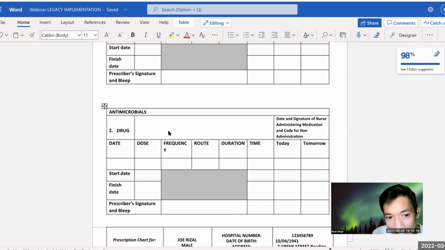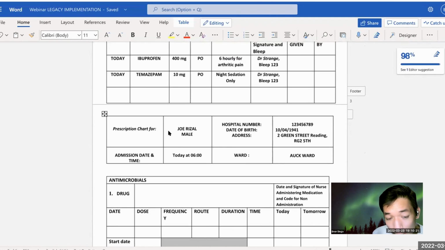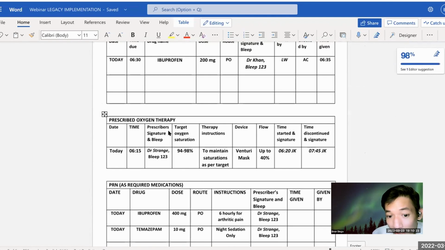Unfortunately, Joe, I cannot give your painkiller yet, your ibuprofen, because it was given an hour and a half ago. So what I'll do is I'll ask the doctors if they could prescribe an alternative medication for your pain instead. Make sure to reassure the patient that you're doing something. Remember, for the ibuprofen, its effect will probably peak at some point, but of course you have to honor the patient's pain.